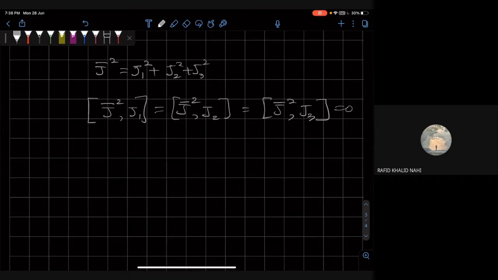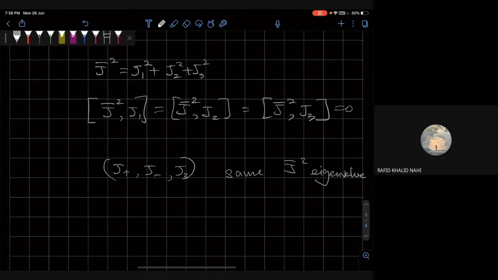So what does this mean? This means that all the states that we can create in this vector space by applying j plus, j minus, and j3 will all have the same j squared eigenvalue. They will not have any other j squared eigenvalue.